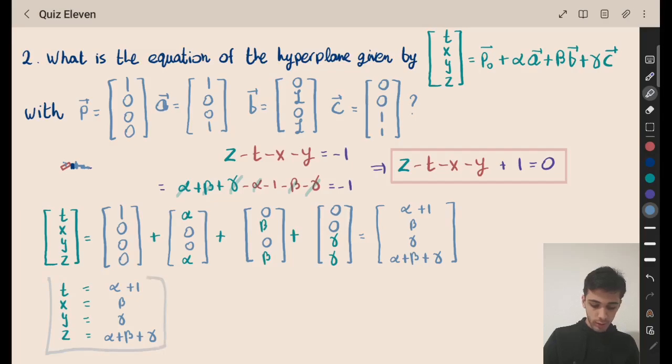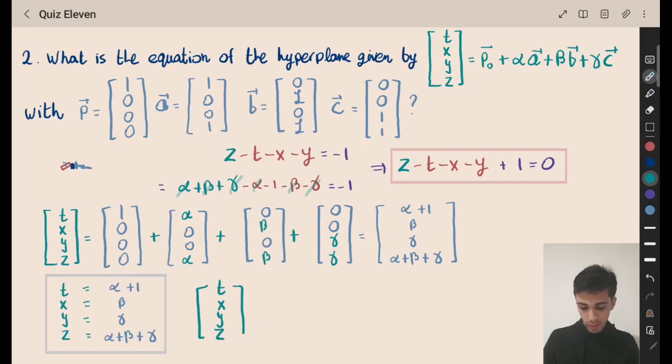Please check that if I take the dot product of t, x, y, z with the coefficients, z is 1, t is minus 1, x is minus 1, and y is minus 1, I would get not 0, but I would get minus 1.